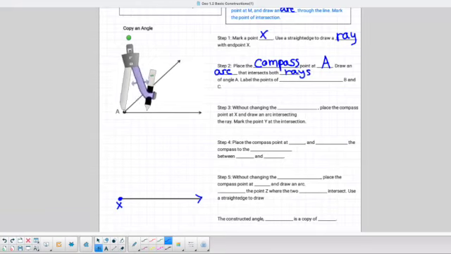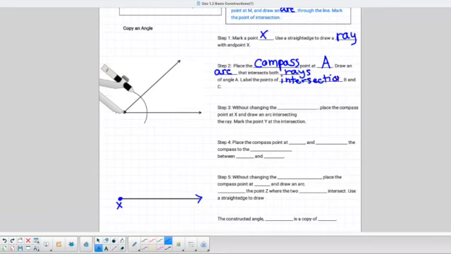Open it just a little bit more so I have more room. That intersects both rays. Label the points of intersection B and C. So it intersects this ray at B, and it intersects this ray at C.